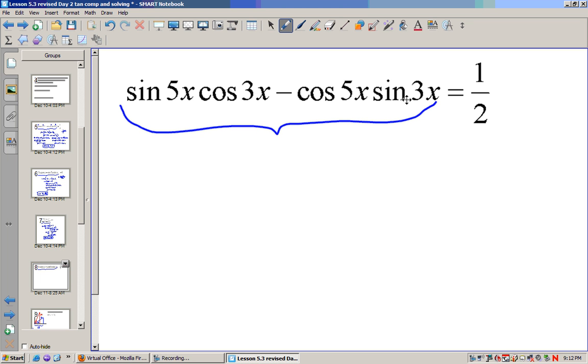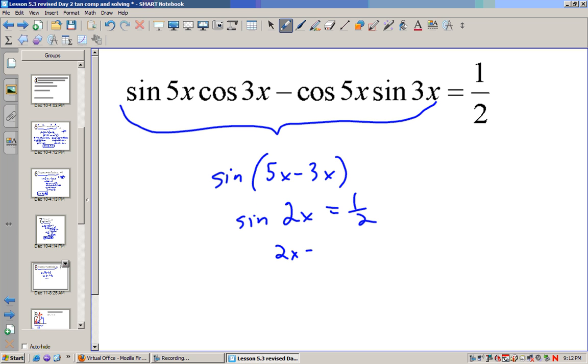Sine, cosine, cosine, sine. That means it has to be a sine. It's a subtraction sign, so we subtract it. 5x minus 3x is 2x. So we take the arc sine of both sides. So the arc sine is going to be the inverse sine plus 2 pi n.